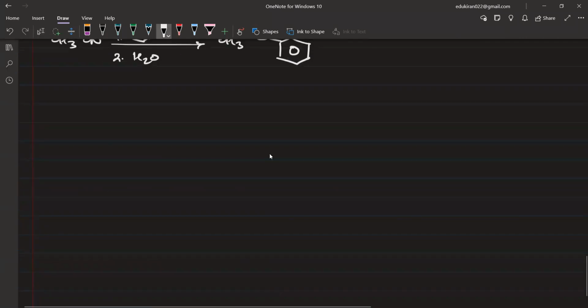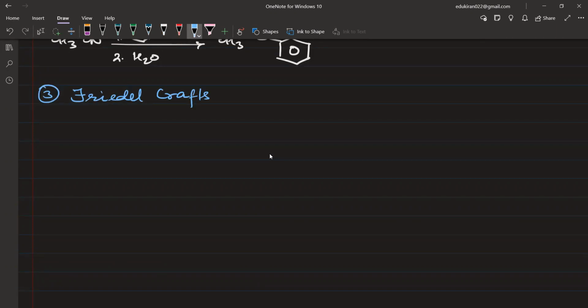Right, next, Friedel-Crafts acylation of benzene. The third and the last method of preparation for ketones only.